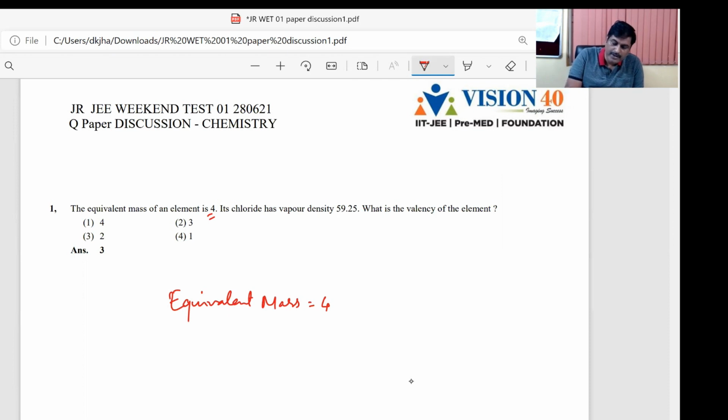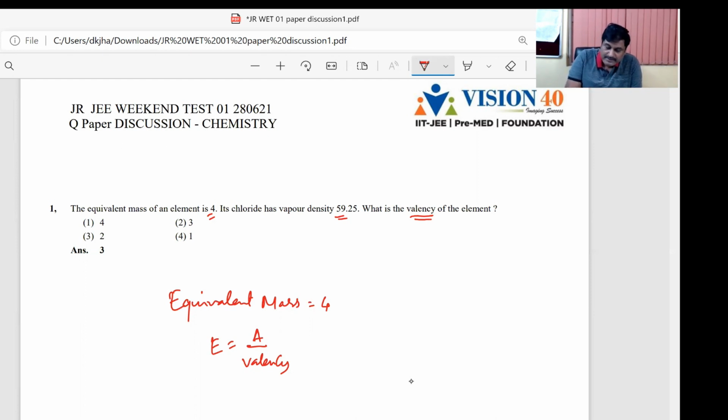Equivalent weight is equal to atomic weight by valency. Is it correct or not? So its chloride has vapor density 59.25. What is the valency of the element? Yes, the question is the valency of the element.